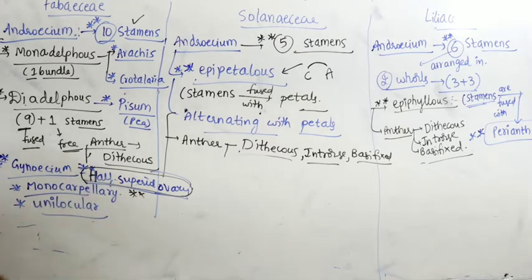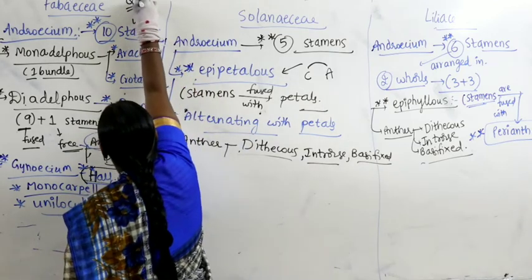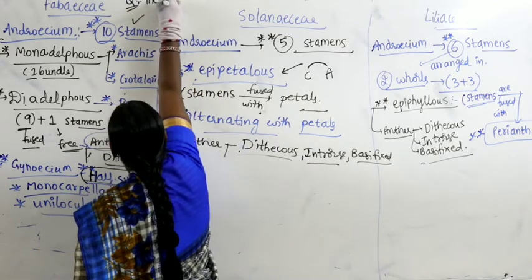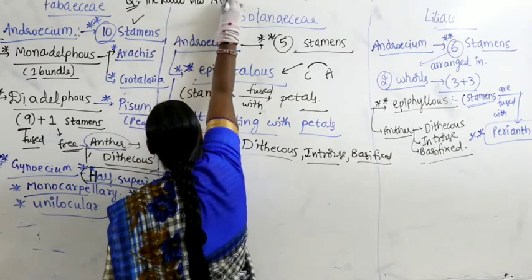Similarly, when you talk about Androecium, what you need to look for? What is the type of anther present? Obviously, right? So, when you look at Androecium here, sometimes we have the possibility of getting a question. Suppose you get the question, the ratio between number of stamens.